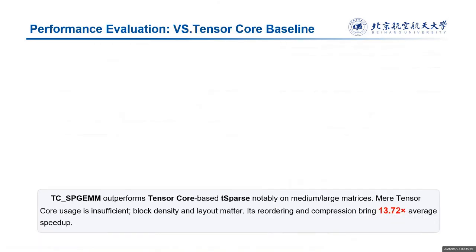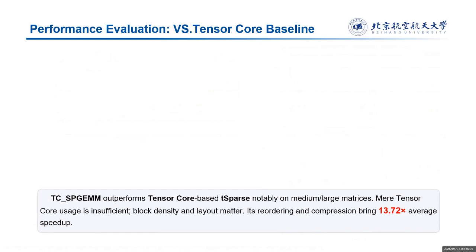Next, we compare TC-SpGEMM with T-Sparse, which is also a tensor core-based method. This comparison is important because it shows that simply using tensor cores is not enough. If the input blocks are still too sparse, tensor cores still waste many operations on zeros.